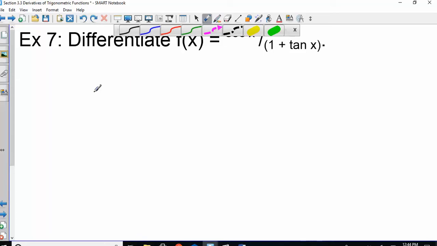So we know this has to be quotient rule because we have more than one term on the bottom. So we have low, the bottom one, so 1 plus tangent x.